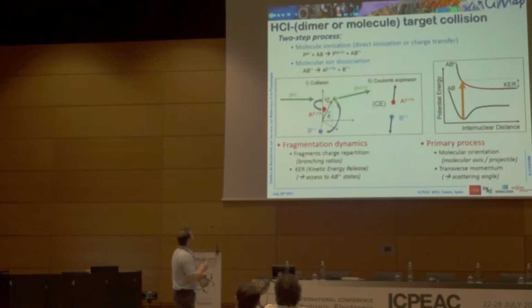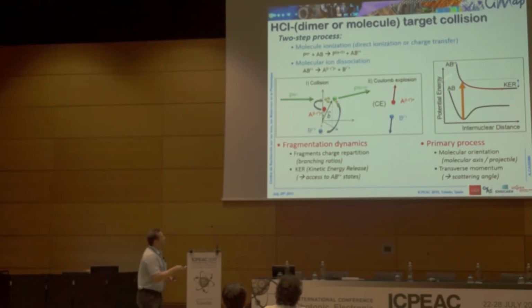Ion-dimer collisions are usually seen as a two-step process, because with ions, the interaction with the molecule can be as fast as femto- or attoseconds, just by choosing correctly the velocity of the projectile. So you have this cartoon which tells you that first the projectile removes electrons from the target, and then the system dissociates.